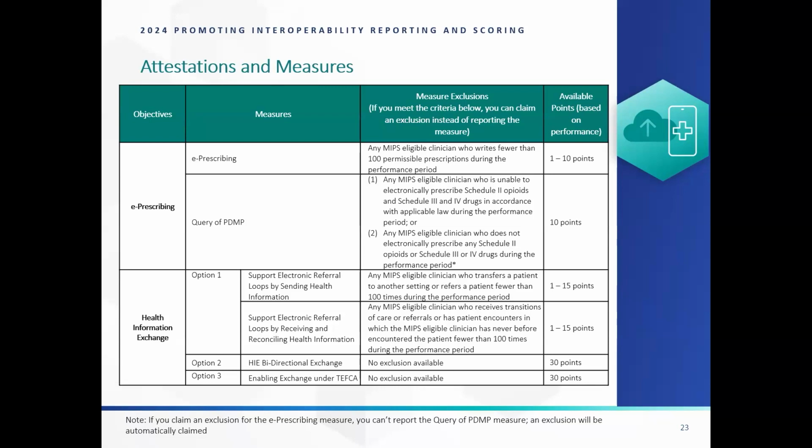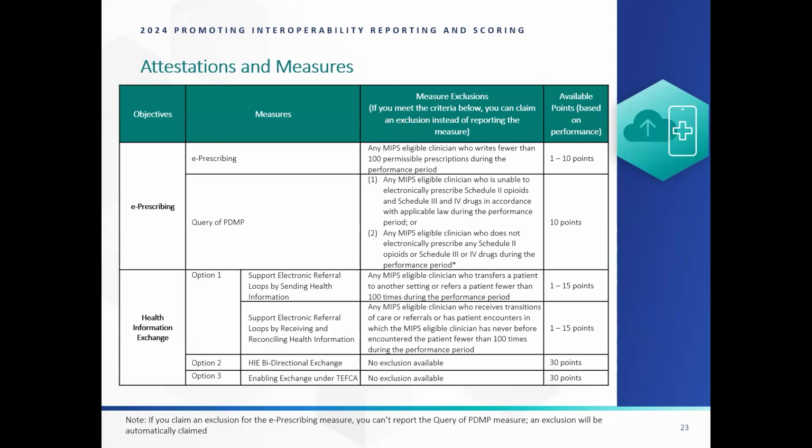For health information exchange, it's a little more complicated because you have 3 choices. You have the choice of submitting the 2 support electronic referral loops. One is for sending and one is for receiving and reconciling. Or you could do the HIE bidirectional exchange, and that's a yes-no measure.